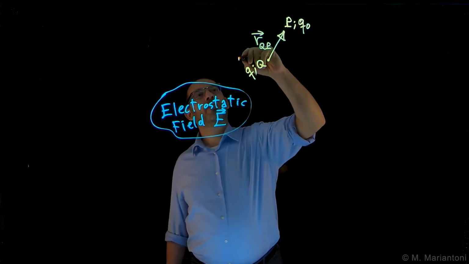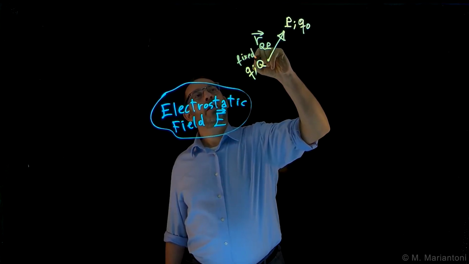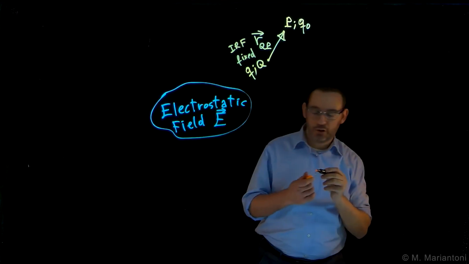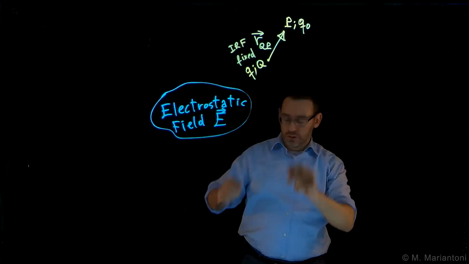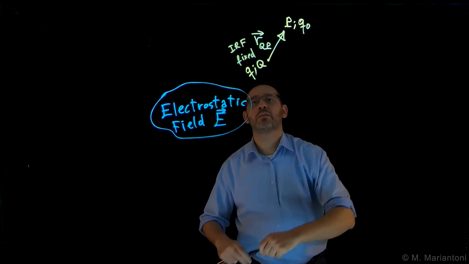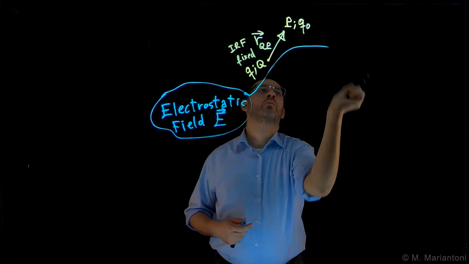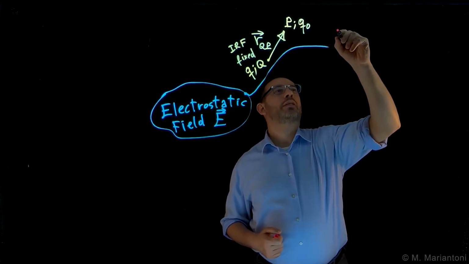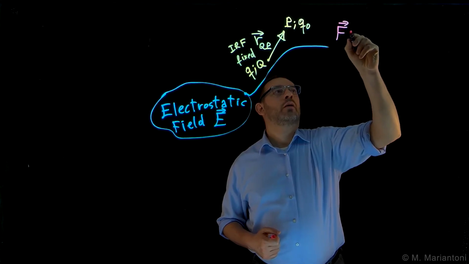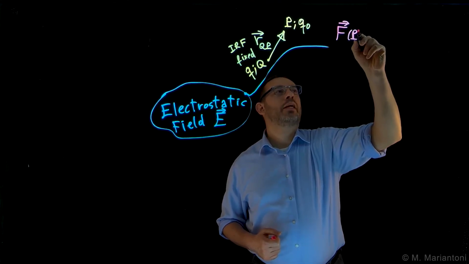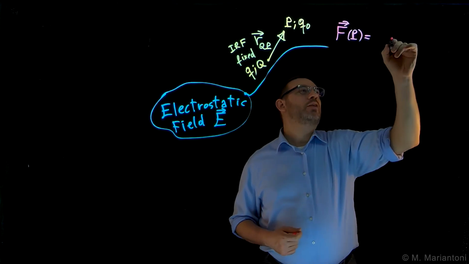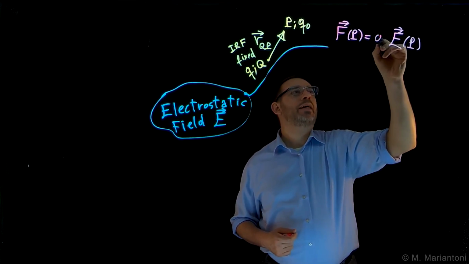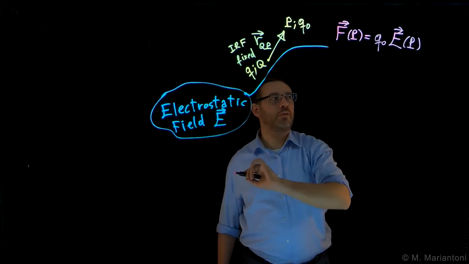Suppose that this particle is fixed in an inertial reference frame. Under these conditions, it's quite simple to calculate the field. The field is the quantity that gives us the electric force at point capital P: the quantity E at that point, multiplied by the test charge Q naught, gives us this force.